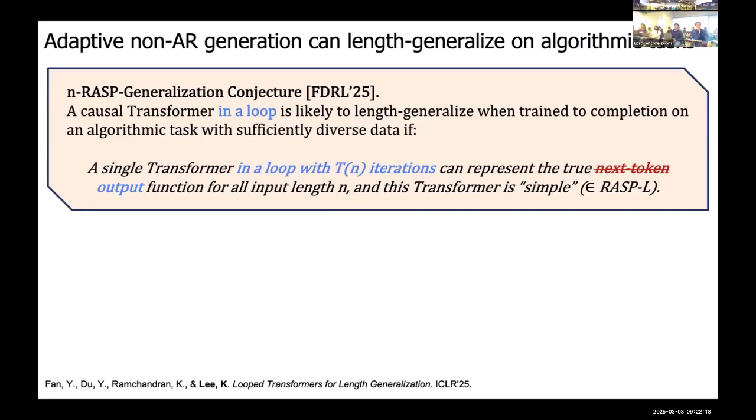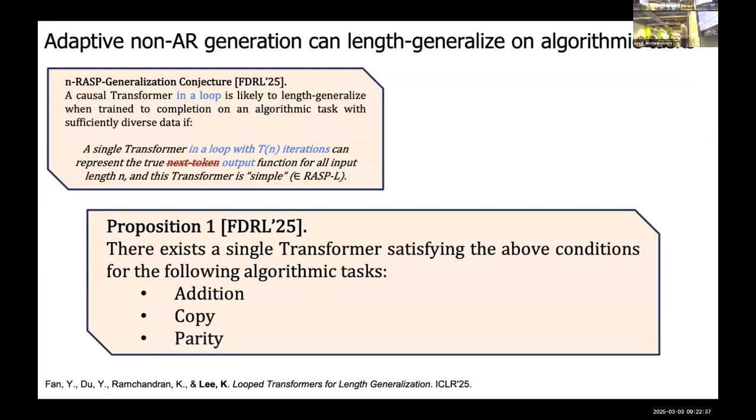The new conjecture we have is: if you can construct a single transformer, in a loop with an adaptive number of iterations, such that it can solve the exact algorithmic task, then we think it will generalize.